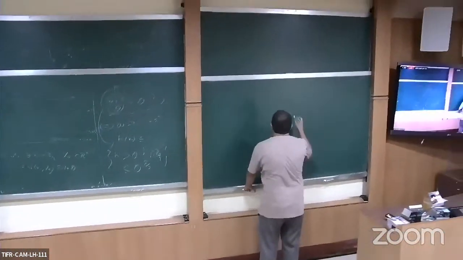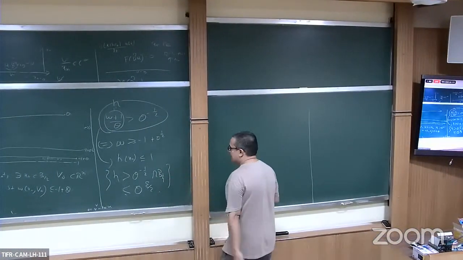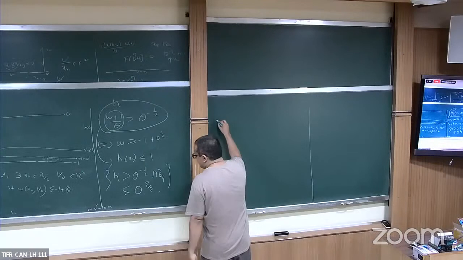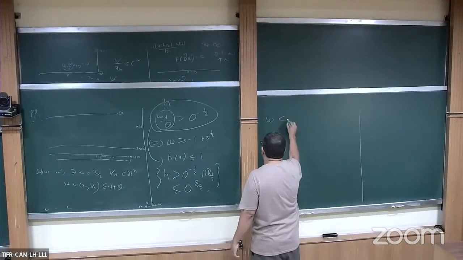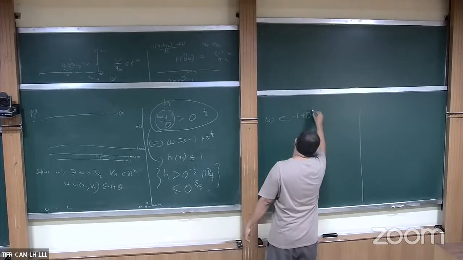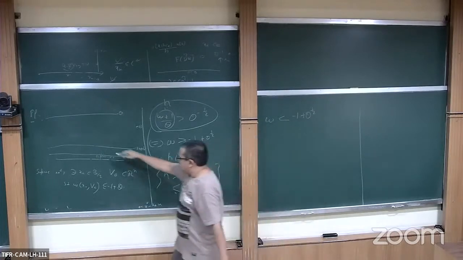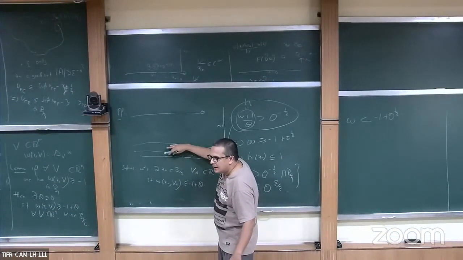Therefore, going back to the original situation, what I have is that this W is less than -1 plus theta to the 1 by 2. The values of W are less than this because there is only a small region where it can escape this.